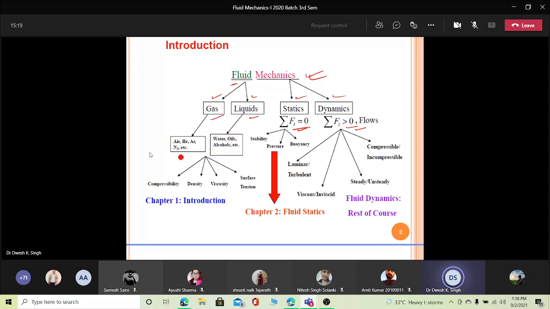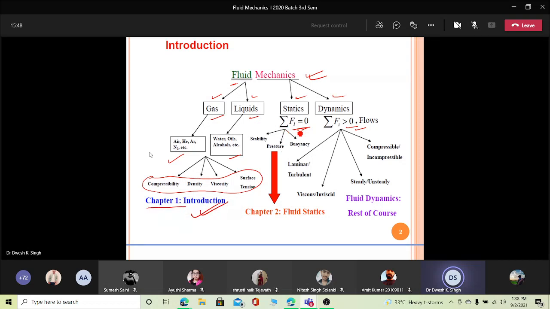We are already familiar with what gas and liquids are. The properties which play a significant role in fluid mechanics we have already covered in the introduction chapter, which has been completed.